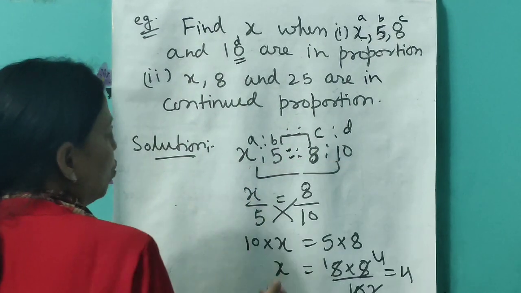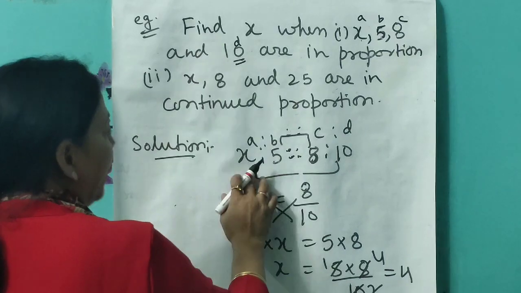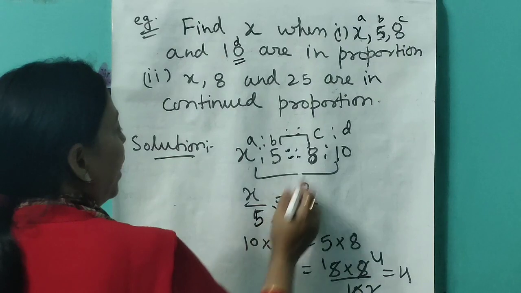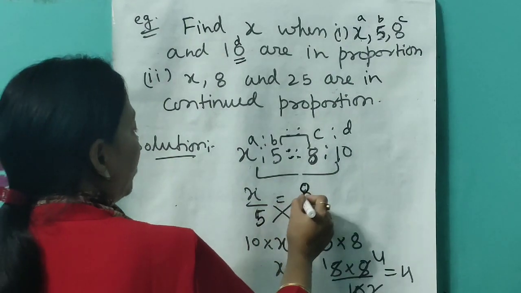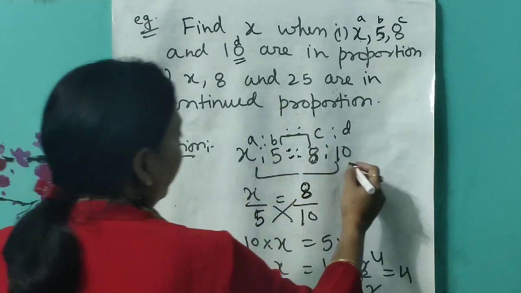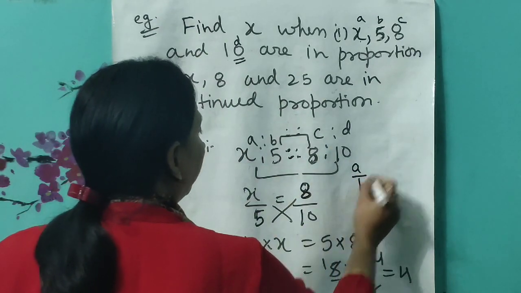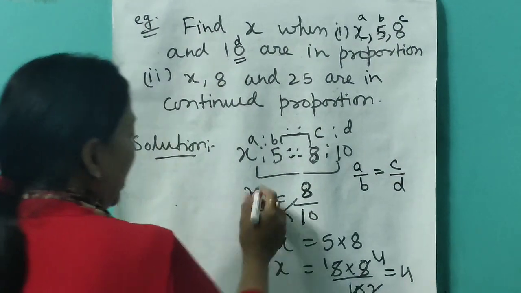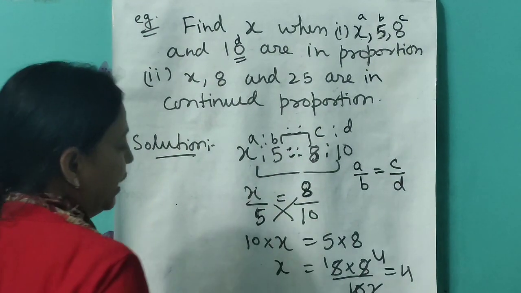So now you know how to solve this. You can write x is to 5 as x by 5 and 8 is to 10 as 8 by 10. If they are in proportion it means A by B is equal to C by D. So x by 5 is equal to 8 by 10.